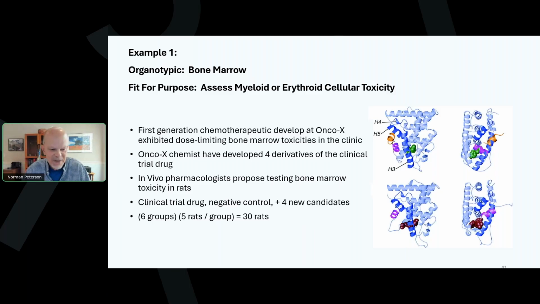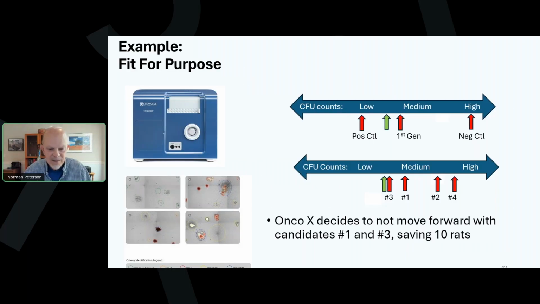So in this hypothetical design, we're going to have to try it against our clinical drug in the animal. We'll need negative controls and 4 new candidates. So if you do the design, it's going to take 30 rats to at least do the pilot on these 4 different compounds.